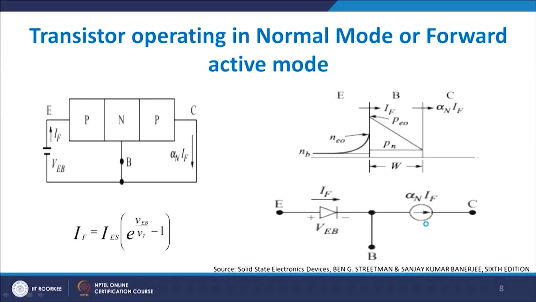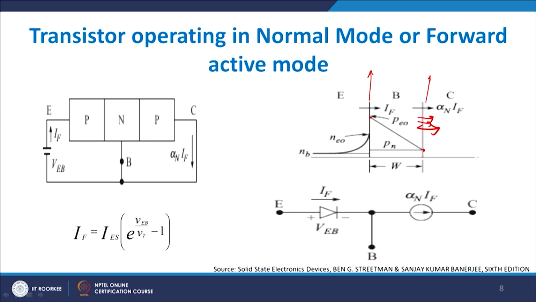Now, we have also already discussed the transistor operating in normal mode or forward active mode. Just to give you a brief insight into what will happen in reality, as I discussed with you, the minority carrier concentration will go down linearly from emitter base to collector base, and it will go to a very low value, almost 0, because the collector will be removing all the electrons from the junction.